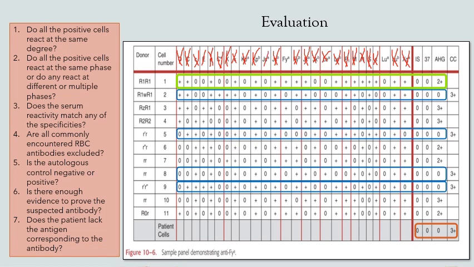JSA. And Lutheran. So, at this point, what remains is FYA.